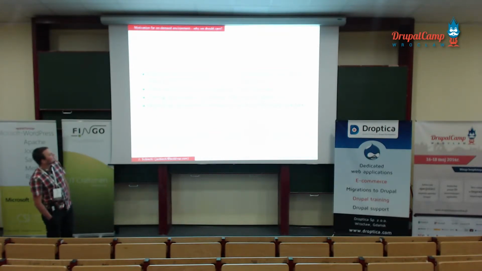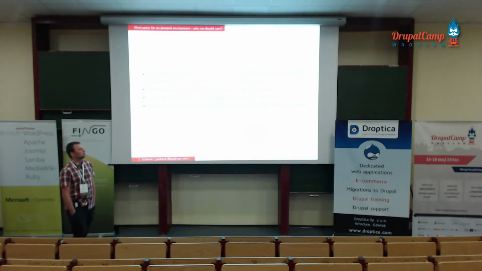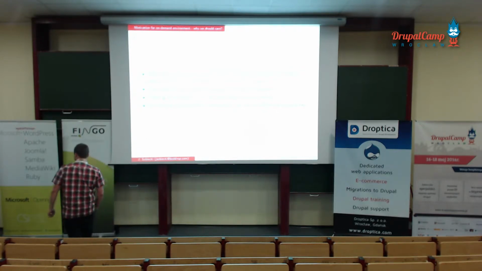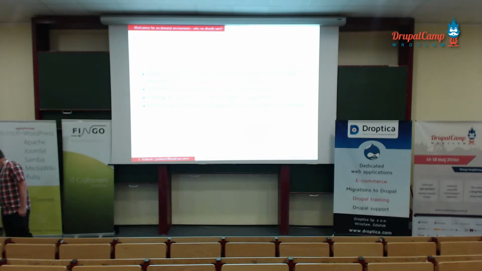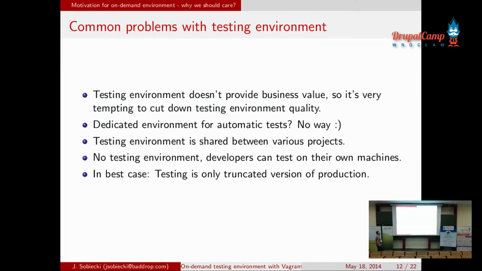You can deploy to production directly from your developer environment, and if in, let's say, 15 minutes you don't receive any calls from customers, it means you are all green.